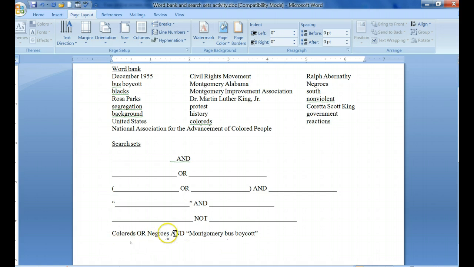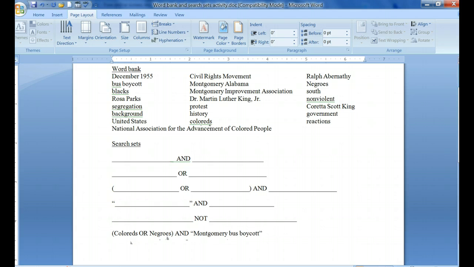We want to do something more to coloreds or Negroes to make this search work more succinctly, more precisely. Look at our templates up here. I think the best idea is to enclose it in parentheses. So this will work now like an algebra equation.